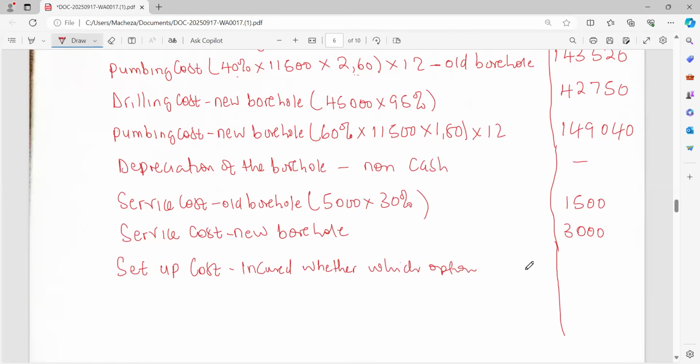So this one is going to be incurred, whichever option is chosen, which means we need our total cost. Sorry, can I ask, with that 70%, is it irrelevant?